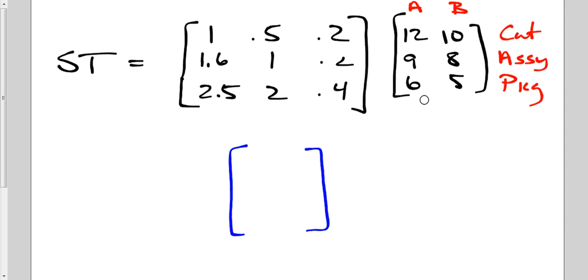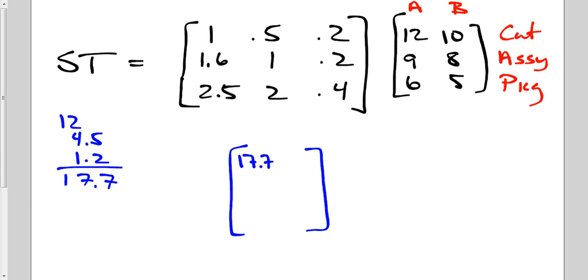And 6 times 0.2 is 6/5. So let's write that down as 12 plus 4.5, and 6/5 is 1.2. And we get 17.7. That goes right here.